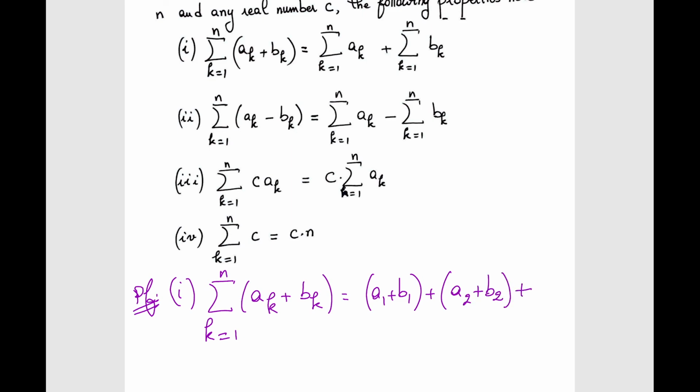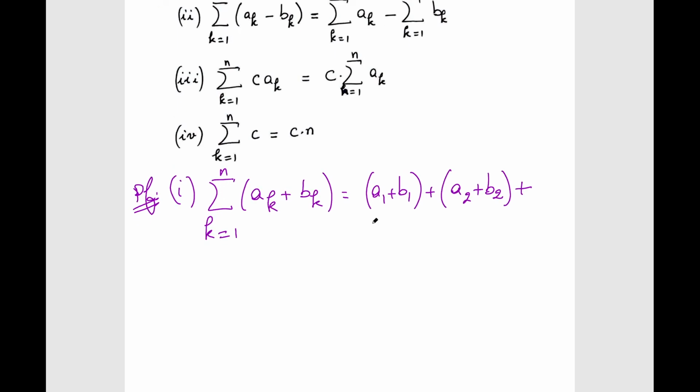When k is 3, this means a3 plus b3, correct? And so on. And when k reaches the largest value it can reach, which is n, that's going to be an plus bn. Correct? So we get this.